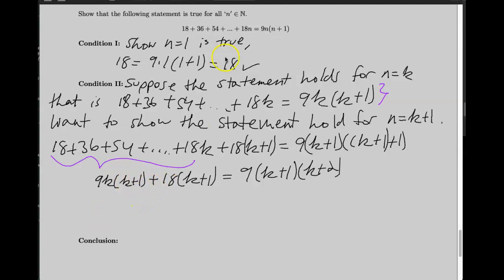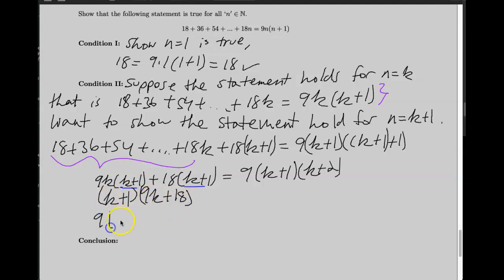Well, if we look carefully at this, we can see that there's a factor of k plus 1 in common. So I can factor out a k plus 1 and be left with 9k plus 18. And then I can take out a 9 in that second factor.